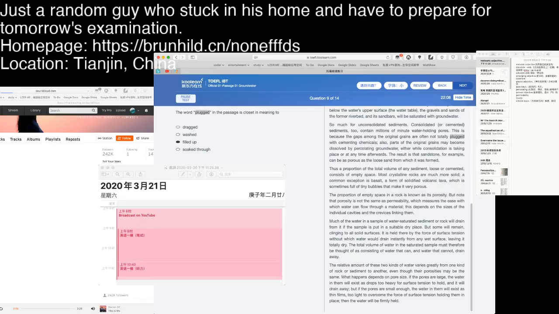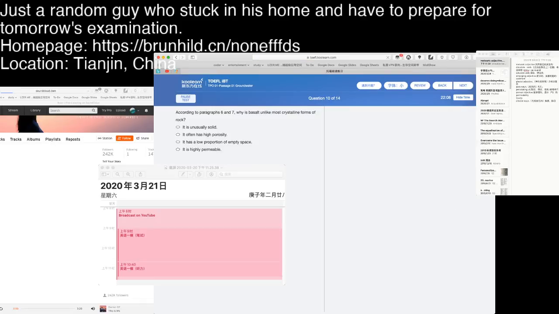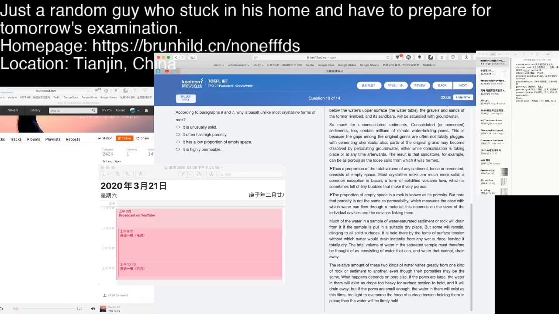According to paragraphs 6 and 7, why is basalt unlike most crystalline forms of rock? Thus, a proportion of the total volume of any sediments, loose or cemented, consists of empty space. Most crystalline rocks are much more solid. A common exception is basalt, a form of solidified volcanic lava, which is sometimes full of tiny bubbles that make it very porous.